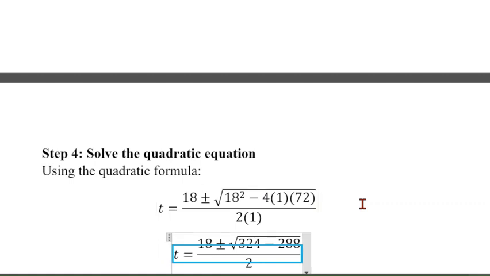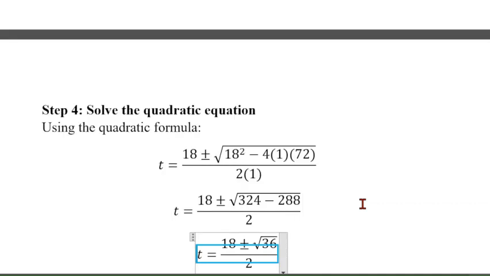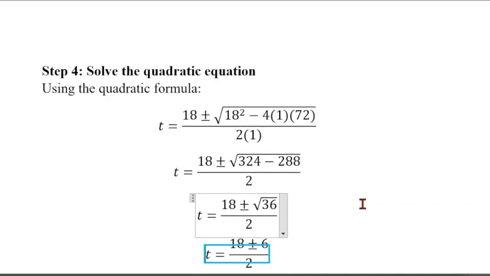t equals 18 plus or minus the square root of 324 minus 288, over 2. t equals 18 plus or minus the square root of 36, over 2. t equals 18 plus or minus 6, over 2.